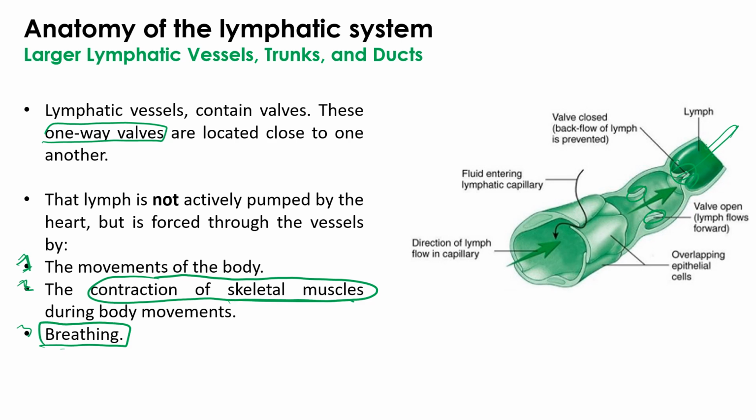And then when you expire, the thoracic cavity pressure increases, and that's what squeezes blood back towards the heart. So for your exams, make sure you know that it's not the action of the heart that pushes or keeps the lymph flow or the blood flow through veins, but rather the action of skeletal muscle and breathing. And of course, the presence of valves in both is important to keep unidirectional lymph and blood flow through veins and lymphatic vessels.